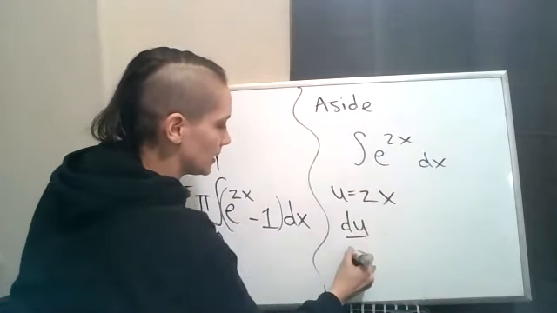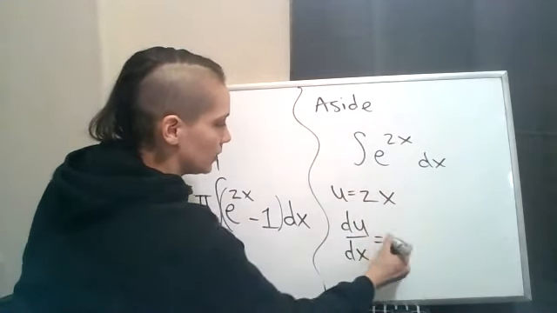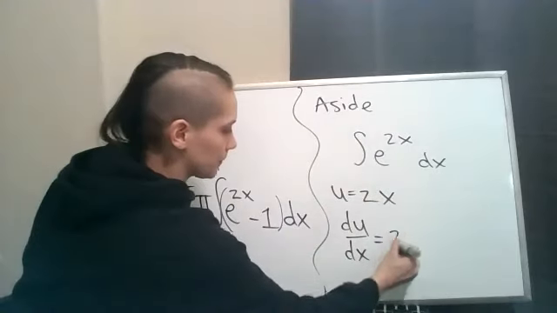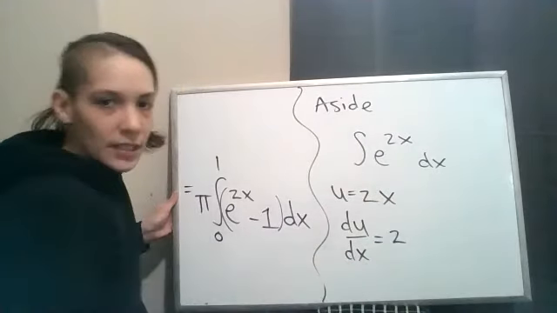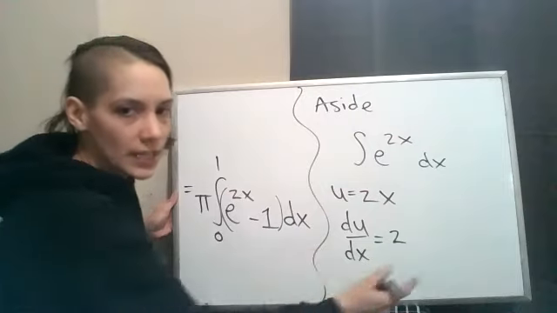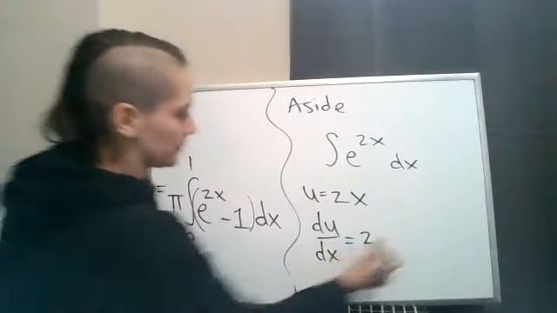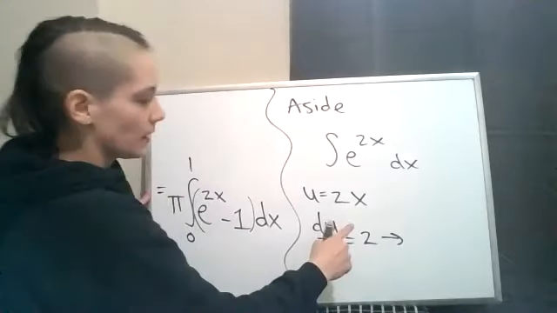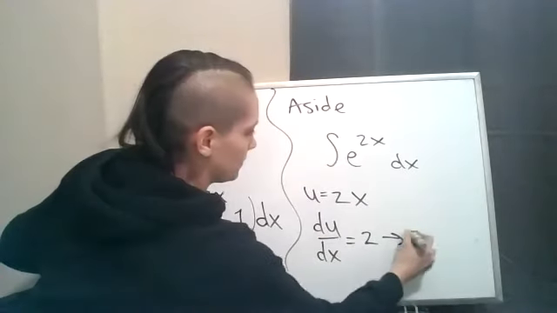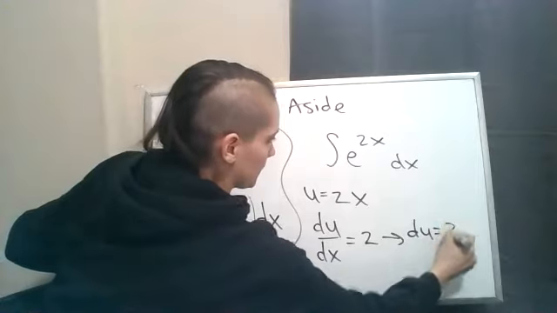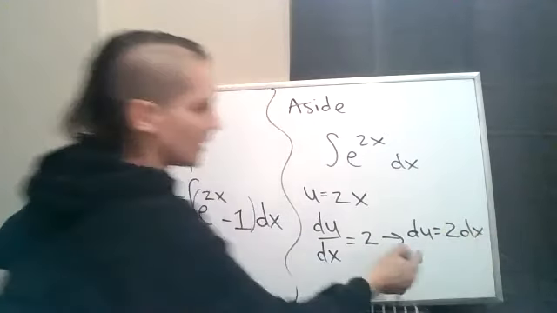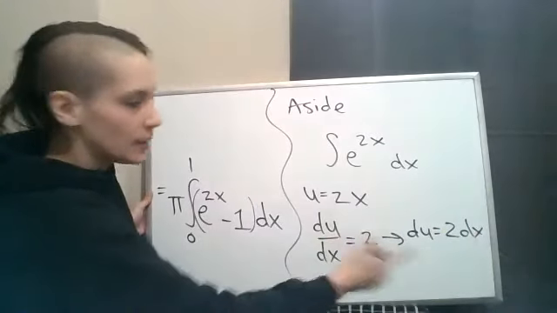So du over dx is 2. So you get du equal to 2 dx, and then du over 2 equals dx.